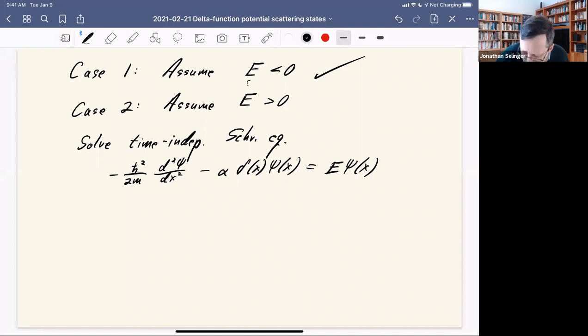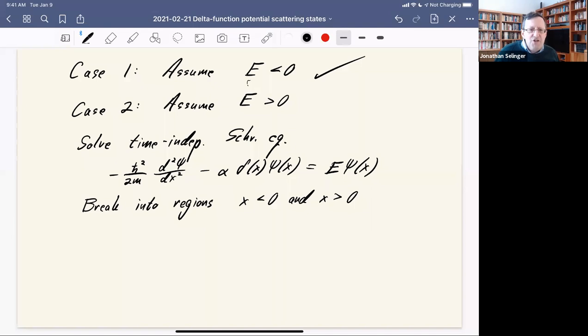It's hard to solve this with a delta function singularity right in the middle of our solution domain. So we can break into two regions, okay? And so we're gonna break into the regions of x negative and x positive. And we'll solve it in those two regions and then connect up the solutions, right, at x equals 0, using the method that I showed you on Thursday of just integrating from one side of the delta function to the other side.